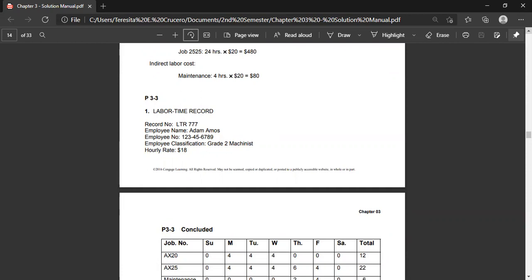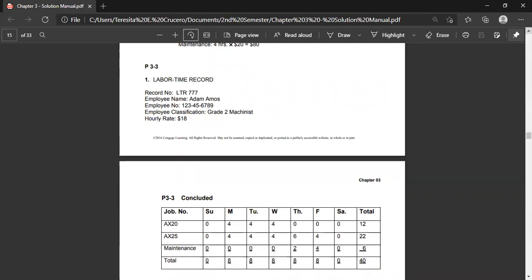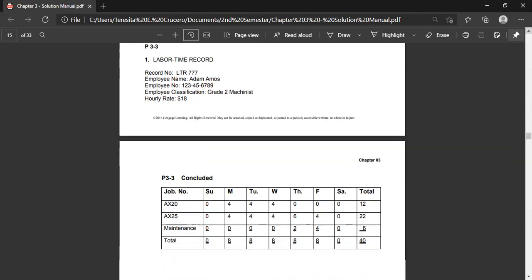Now we have Adam Amos. Compute the amounts of direct labor cost by job and indirect labor costs created by Amos' work for the week. So first we have to prepare a labor time record. The employee is Adam Amos with employee number, and the employee classification is grade 2 machinist.